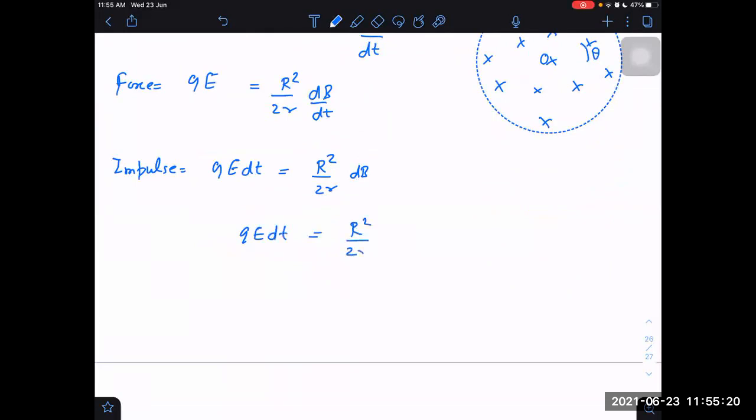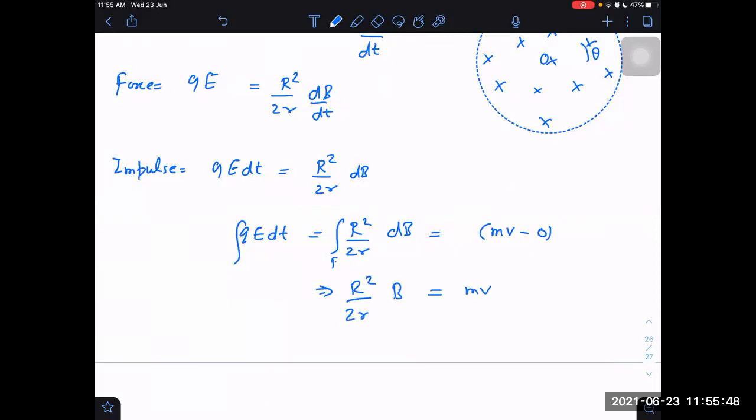R square by 2r into dV, but it is also equal to change in momentum, means m into v minus 0. On integrating net impulse, it will be R square by 2r, nothing changes. dv will be delta v, which will be B, is equal to m into v.